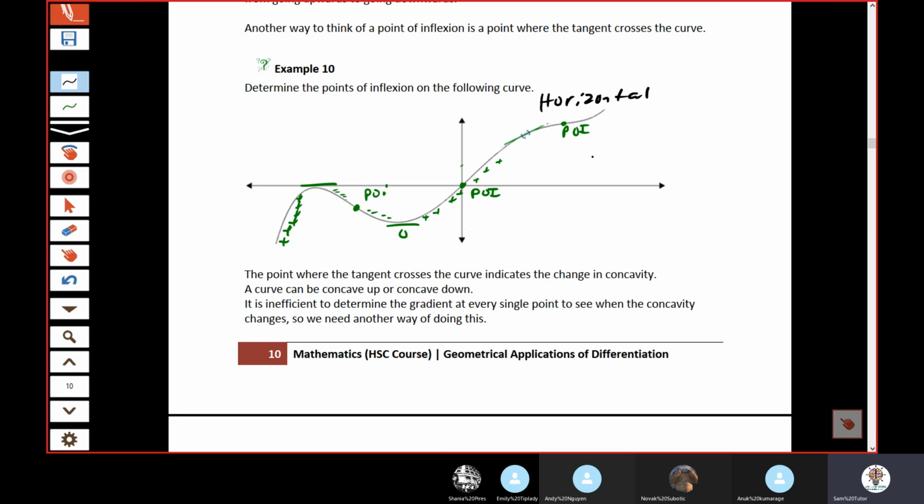So be careful. There are two types of points of inflection. There's your normal ones that you're used to, from sad to happy. And then there's these ones that are the squiggly ones. The squiggly ones are called horizontal points of inflection. You want to write a note of that, whatever you've got to do. Let's move on.